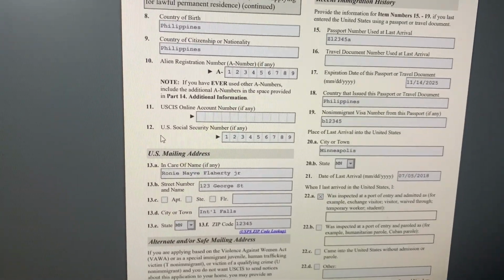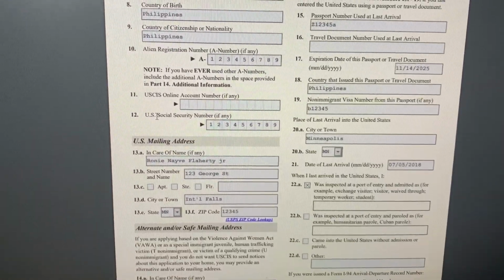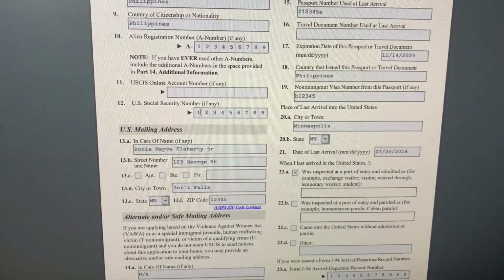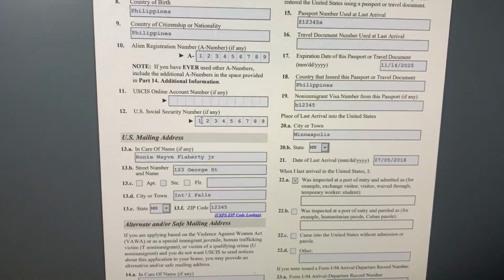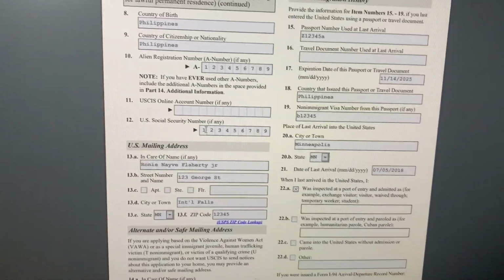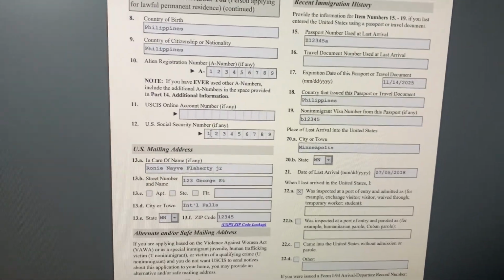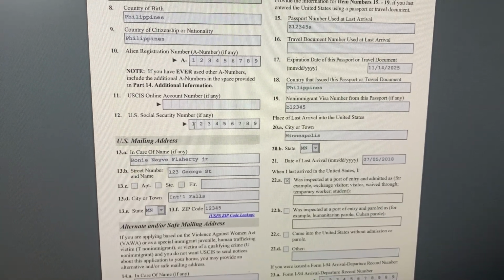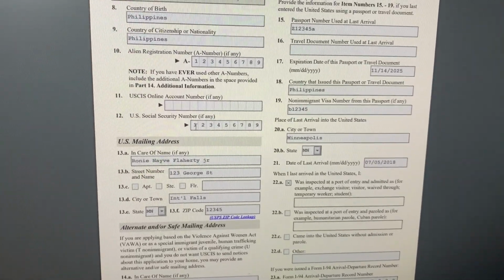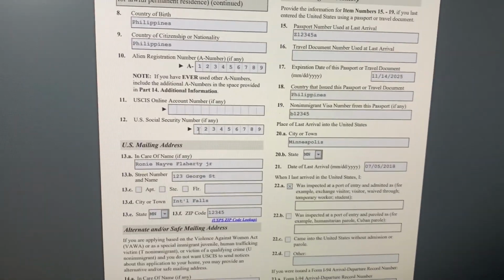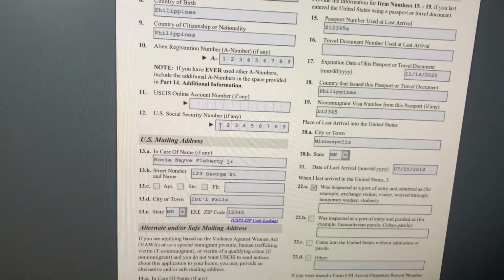And number 12, your US social security number, if any. My advice is you can always file for your social security number after you get married, prior to the adjustment of status, so that your social security number will be in your married name. You will save yourself the hassle of changing your name after filing.